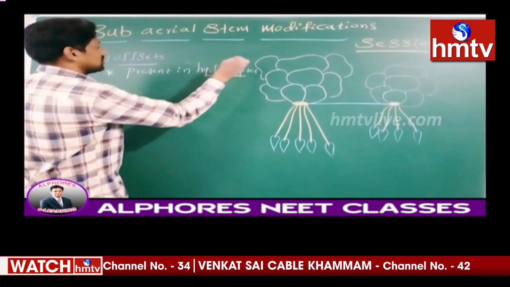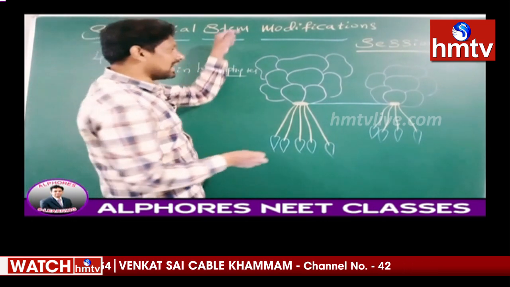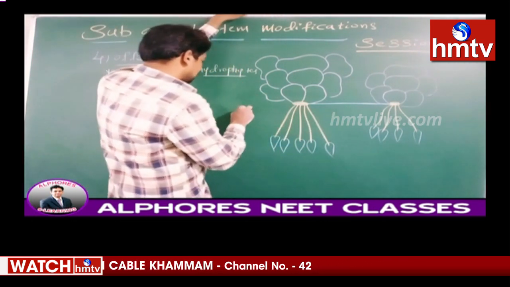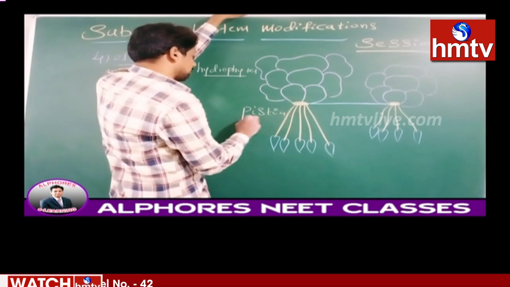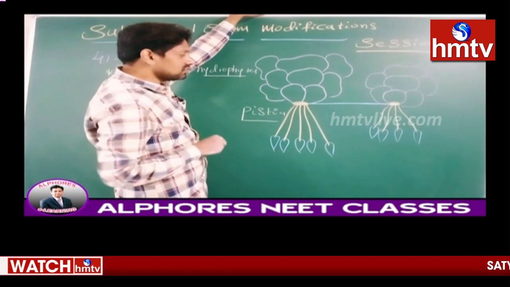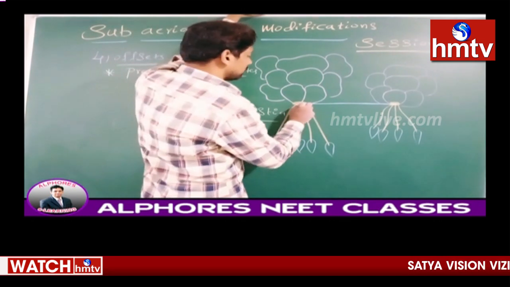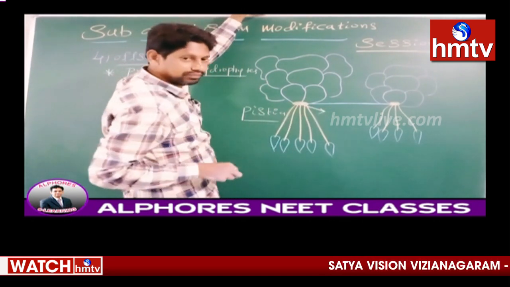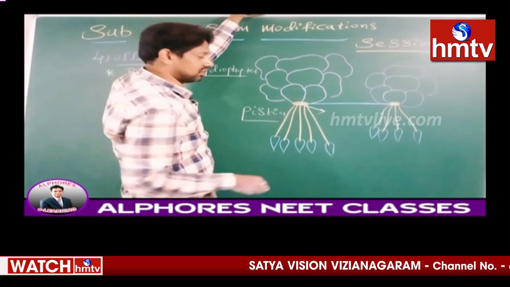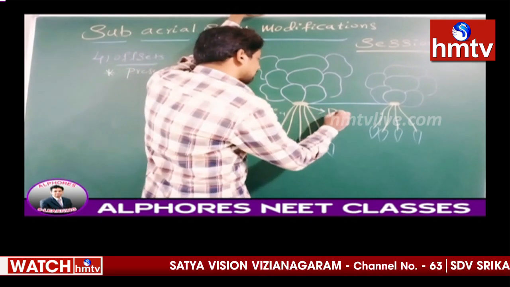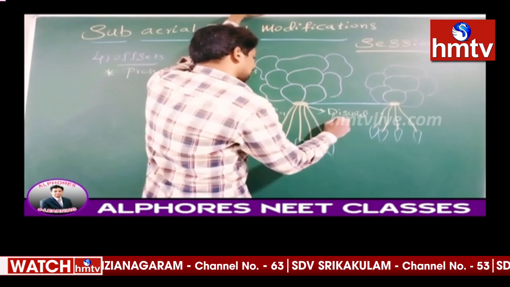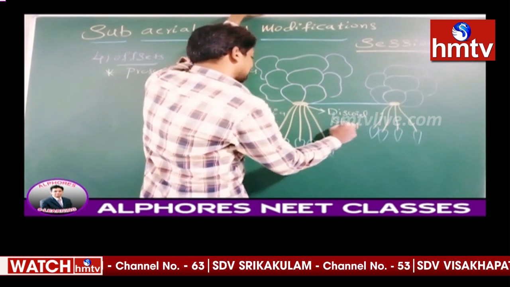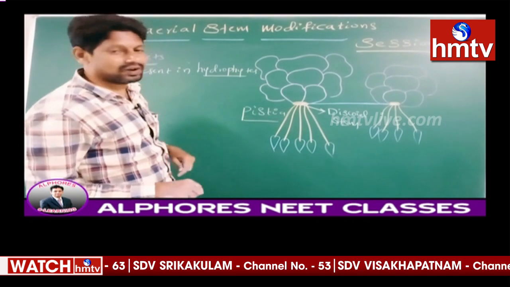Now see this diagram. Sir, this is a diagram of Pistia. Here the stem is reduced into a disc-like structure, so we call this stem a discoid stem.